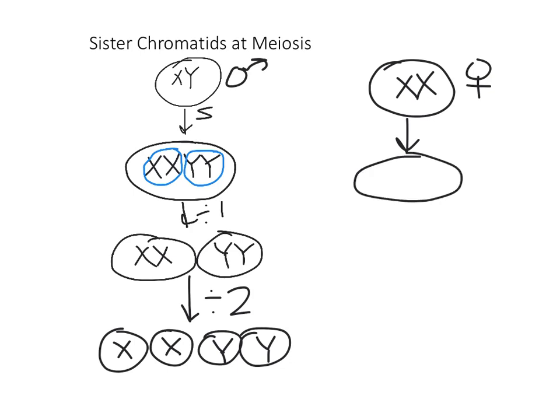So after replication, there are four X chromosomes. After the first cell division, there are two XX cells. Oh, but let's see. After the first cell division, I probably should do something a little bit differently, right? How does female meiosis differ from male meiosis?